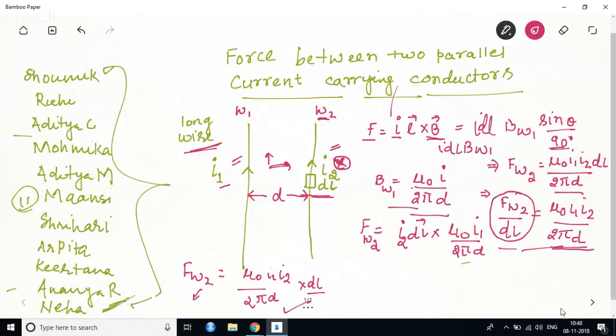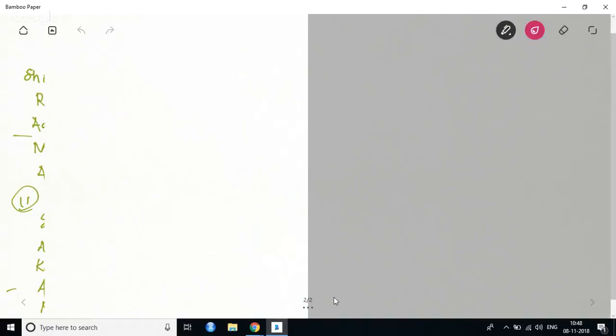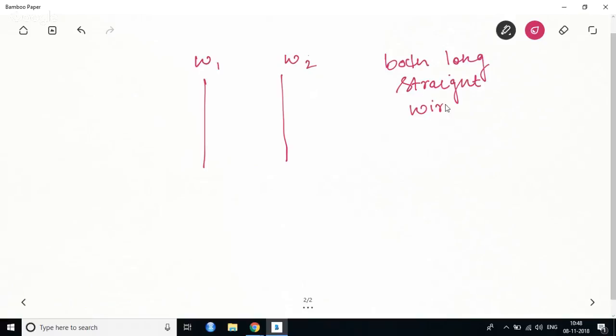Now write down a question on this concept. The question is: two long straight wires. I am again saying this is W1, W2, both long straight wires. How much current is there?